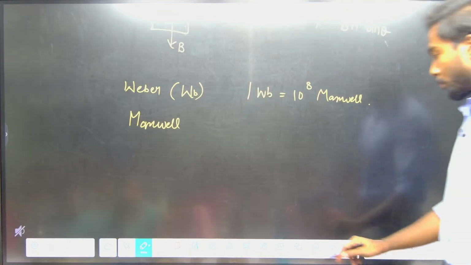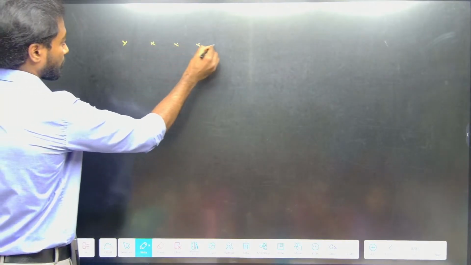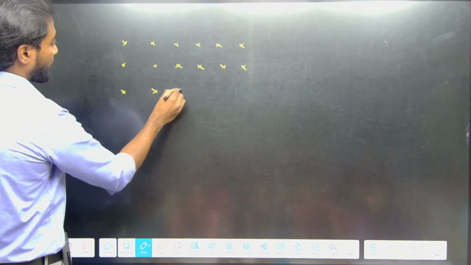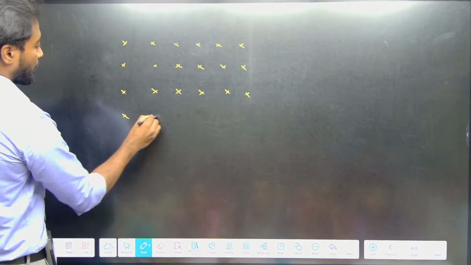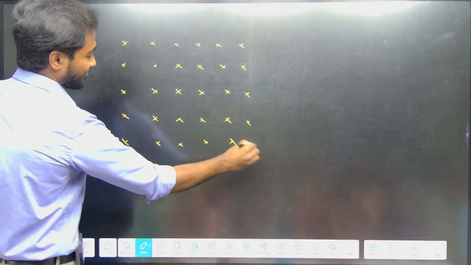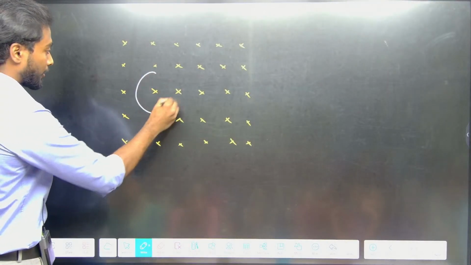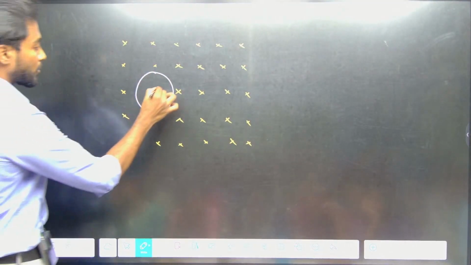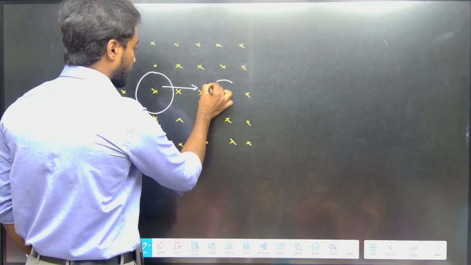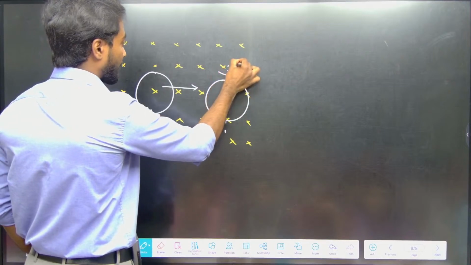Okay, now I will give two conditions. What does this cross mark denote? Magnetic field going inside the paper. Okay, so I'll take a conductor and move it in this way, and I'll take one more conductor with this as my axis, and rotate it like this.